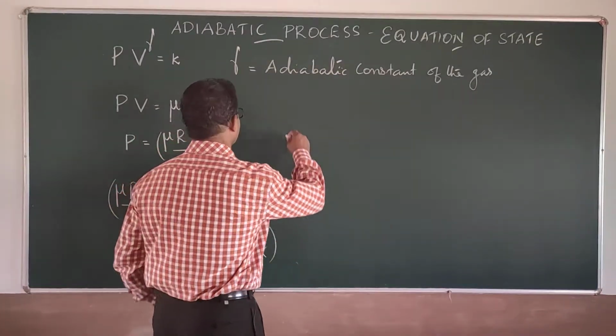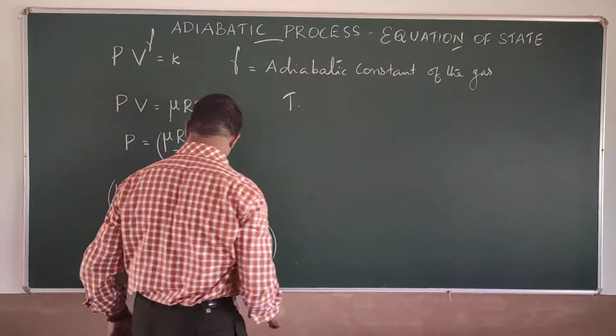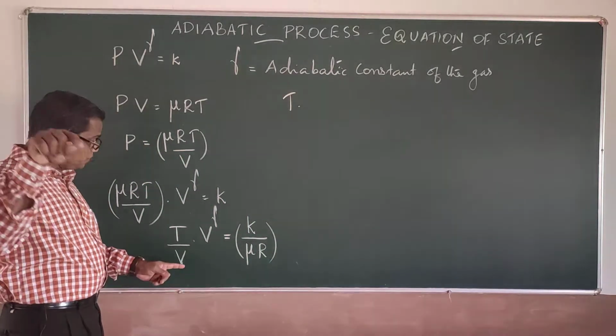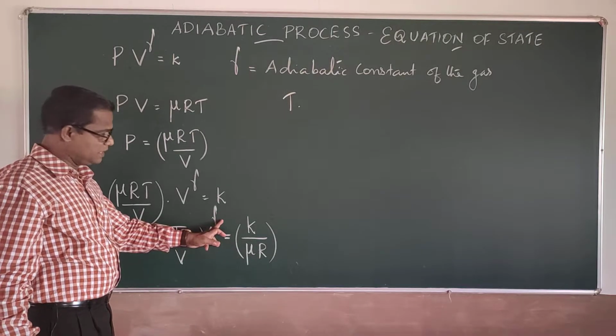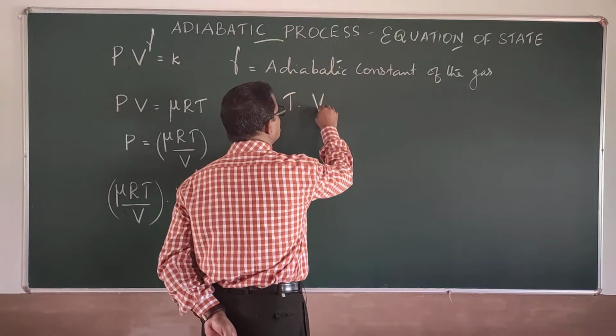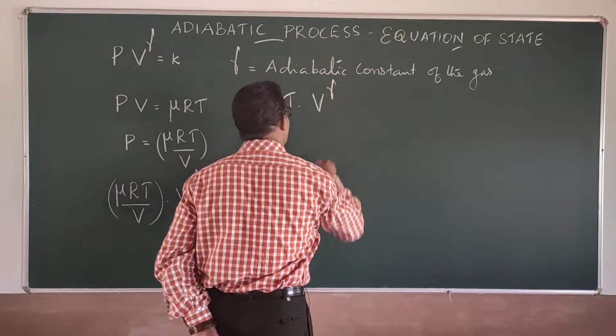Therefore, this can be written as T into V divided by V. I can take it as V raised to 1, and here V raised to gamma. So V raised to 1 into V raised to gamma means V raised to gamma.